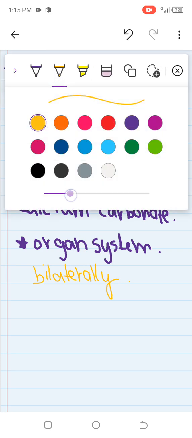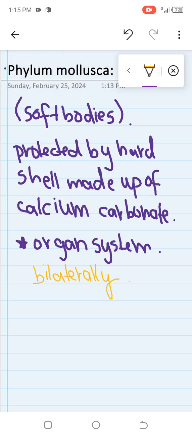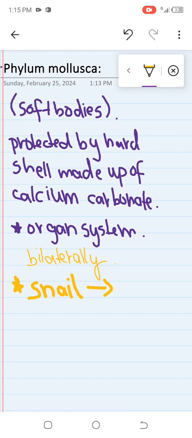But there is one exception in the phylum Mollusca, which is the snail, and snails are basically asymmetrical. They are bilateral symmetry, but the snails are asymmetrical.